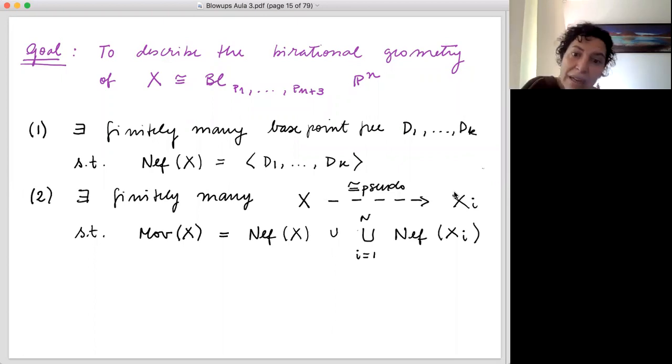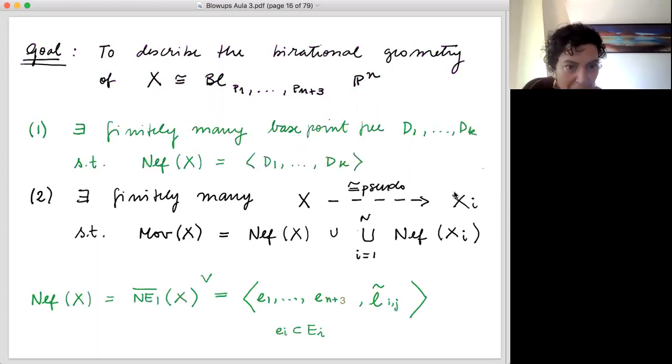We know that there are finitely many small modifications, pseudo-isomorphic varieties to X, such that the movable cone of X is the union of the nef cone of all these small modifications. So our goal is to actually explicitly describe the nef cone and the decomposition of the movable cone as union of nef cones. So for the first part, actually this was known.